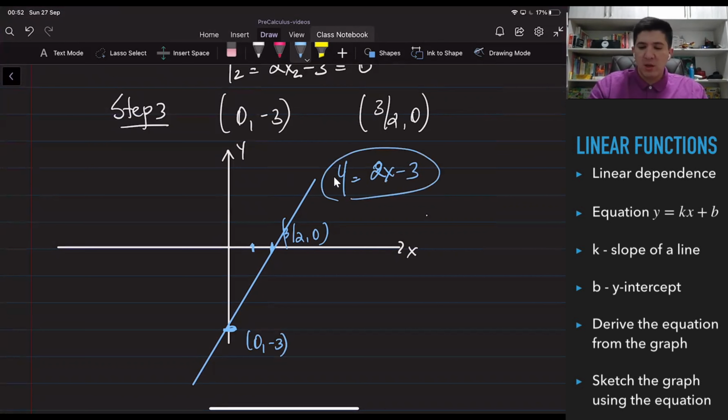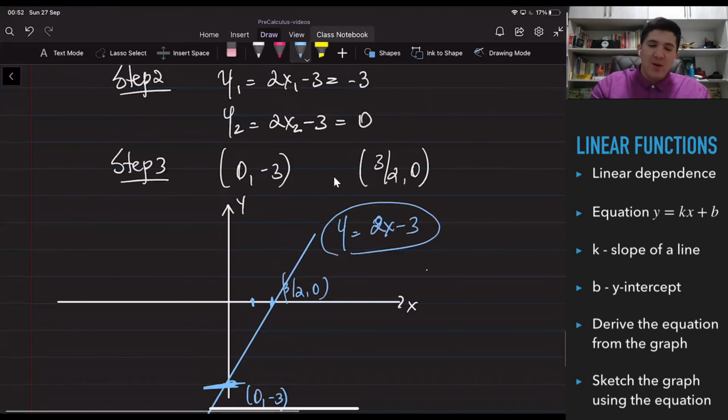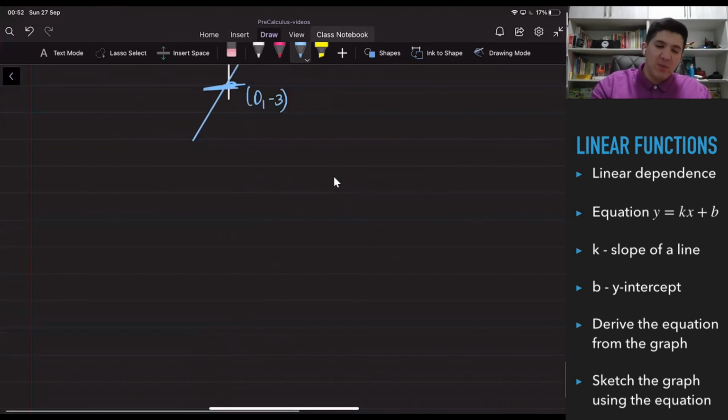You see here that this line is crossing the y-axis at minus 3, and the slope goes a bit steeply upward, since the slope is equal to 2. Now the second problem is a little bit more difficult: if you are given a graph, how to find the equation?